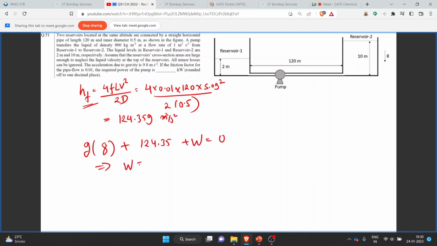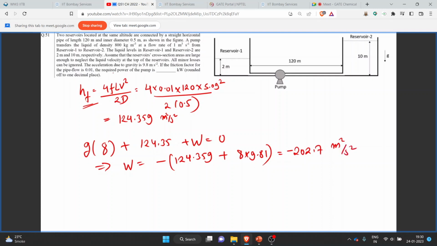That implies the work done will be minus of 124.359 plus 8 into 9.81. Ultimately it will come around 202.7. The unit will be the same as the HF, that is meter square per second square.